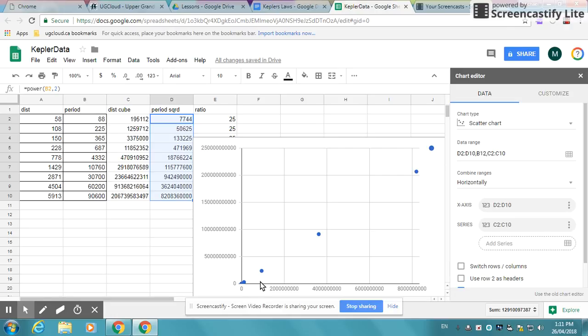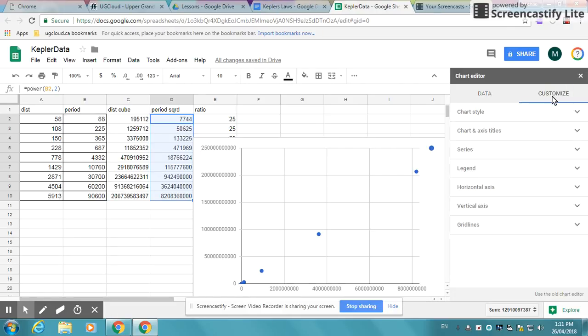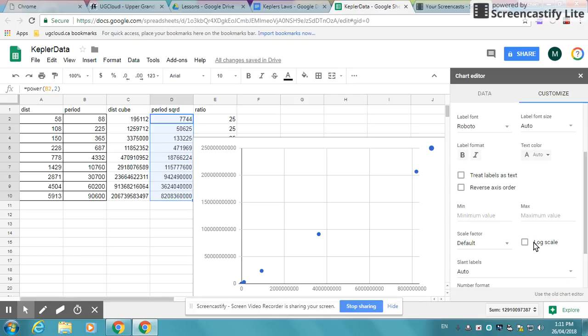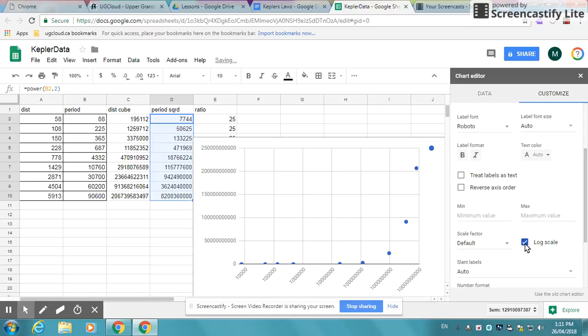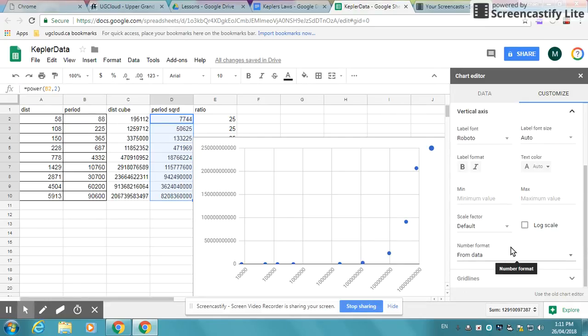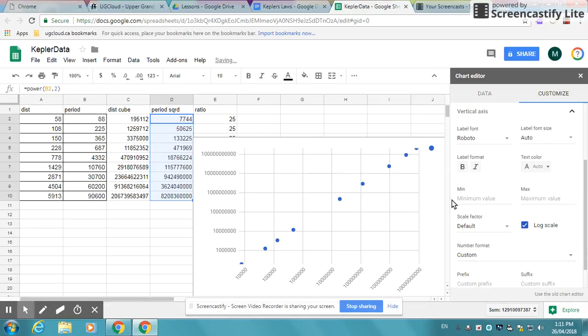There's a solution though. If we go down to Customize and we go to horizontal axis and we go down here, it says log scale. What log scale will do is get rid of these gigantic numbers and replace them with powers of 10. So all of a sudden something happened there, but we've got to do it on the other axis as well. Vertical axis, log scale.